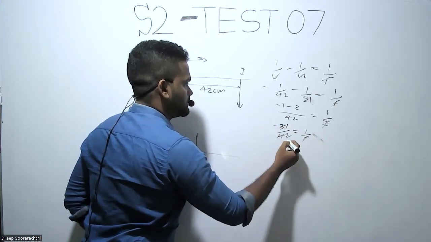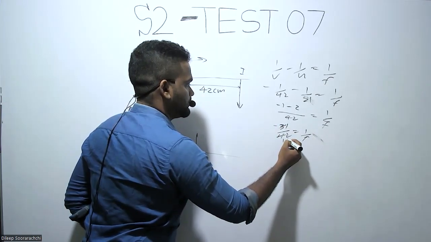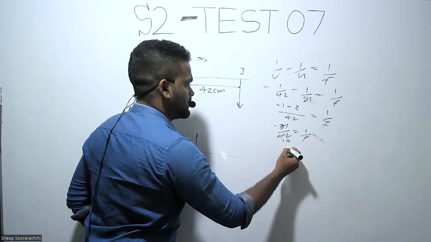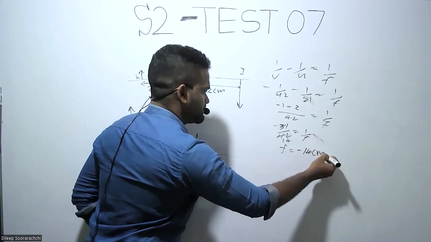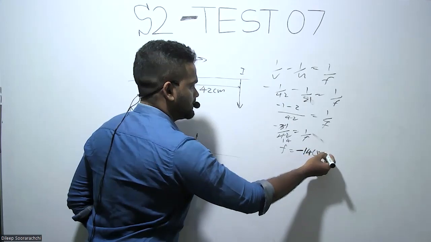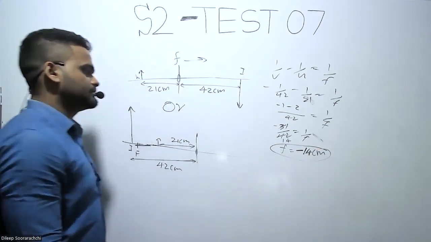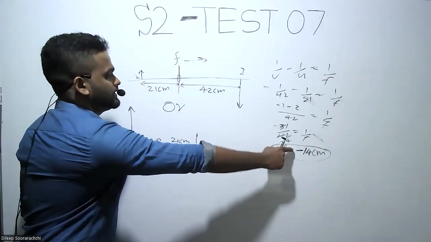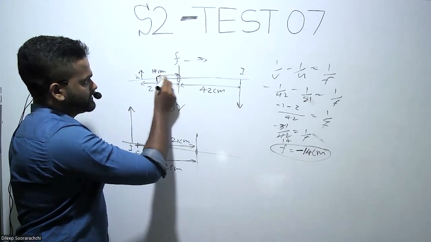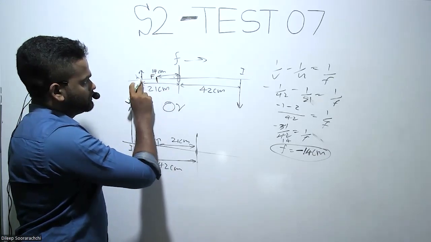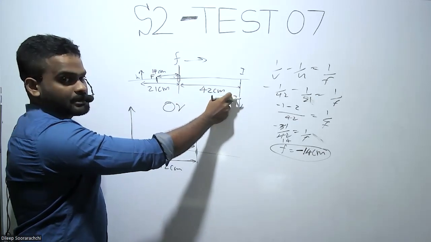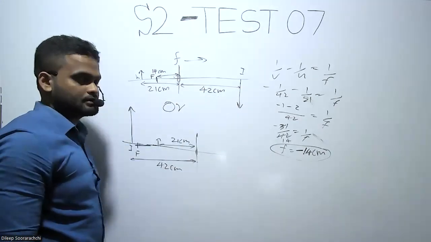So f equals minus 14 centimeters. Minus means the convex lens, obviously. So this is one of the values. If the focal length is 14 centimeters, the focus is here, the object is here, so the image can be formed here. That is one of the answers.